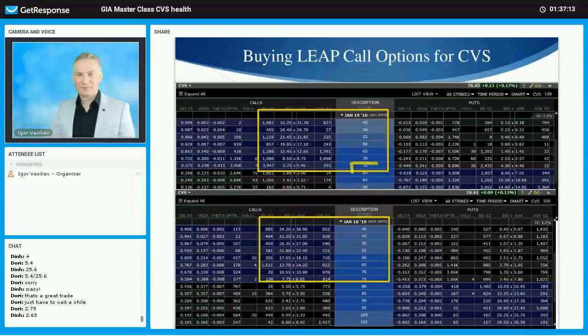Before, we calculated that for the next 8 months we pay $4 for time value, correct? Dory calculated $3.95, right? Because we pay $5.40, but the real value is $1.45. The time value was $3.95, and here for the whole extra year, we are going to pay only $2.65 for this time value. Now the question is, is it worthwhile to get 1 year extra or not?